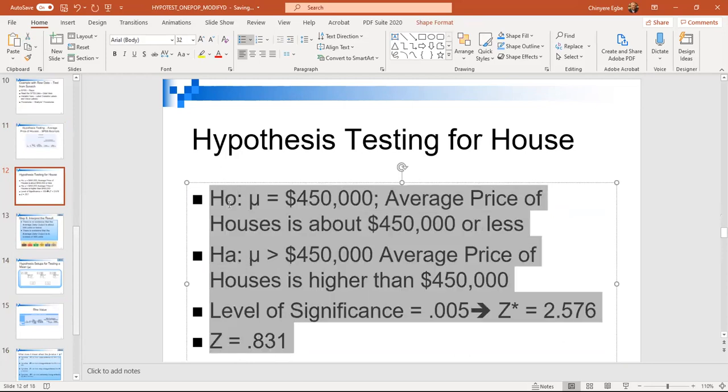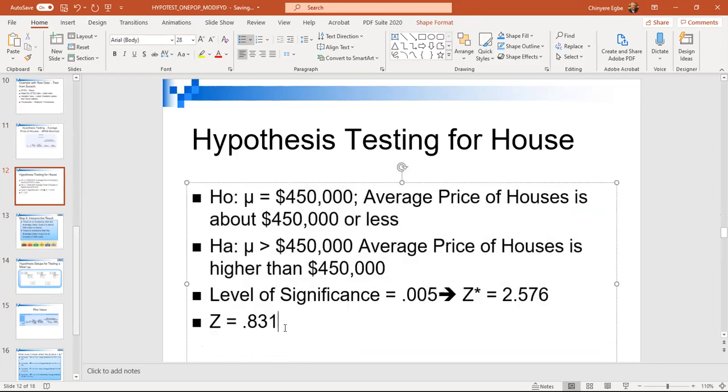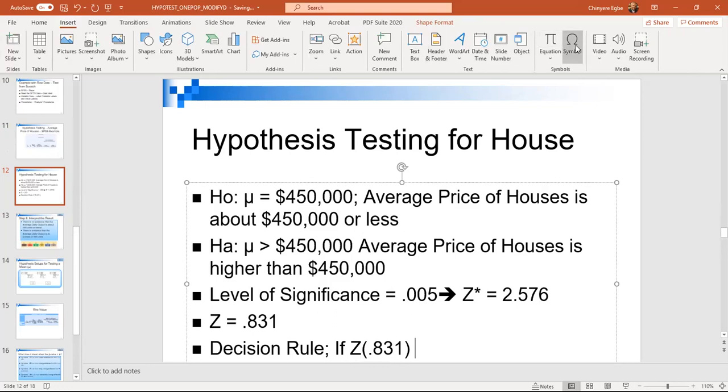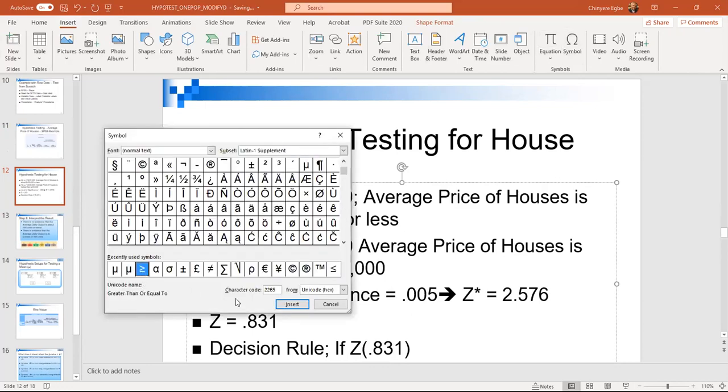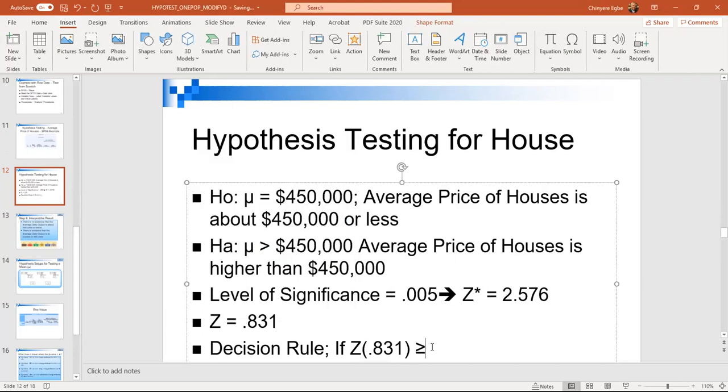And so the decision rule: if Z, which is 0.831, is greater than or equal to Z star, 2.576, you reject the null hypothesis.